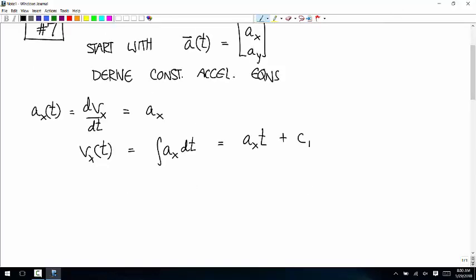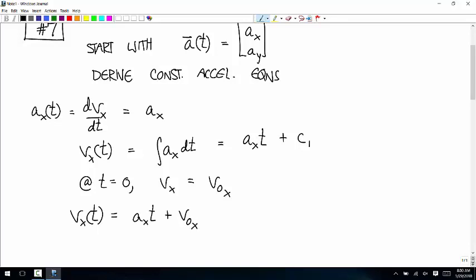And then we know that when t is equal to 0, the x component of the velocity is equal to v0x. That's a constant. And so we can plug that in and we get that the x component of the velocity is equal to axt plus v0x.